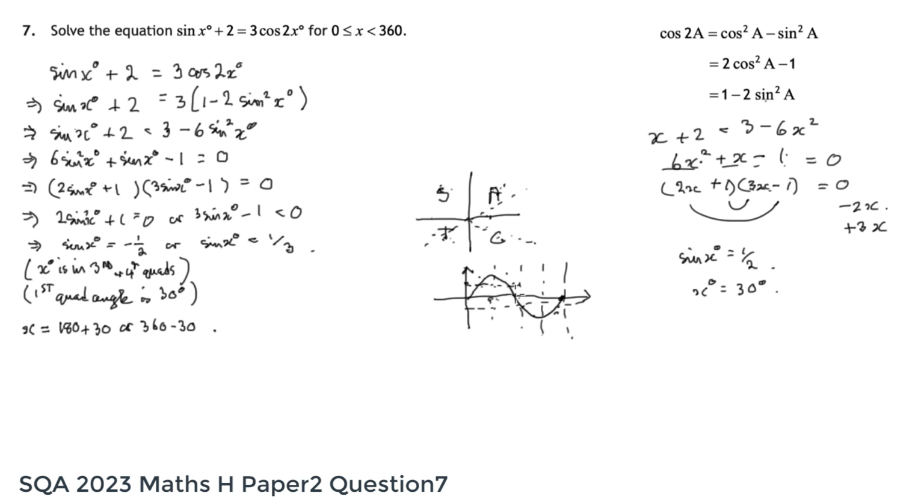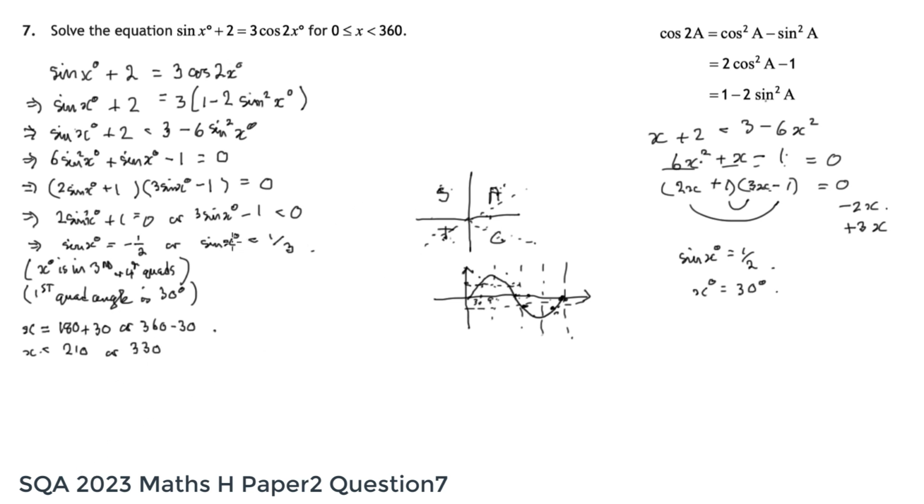So you'd go 180 plus whatever the first quadrant angle is, which would be 30 degrees there. 180 plus to get this value, and then 360 minus to get this value. So whichever way you do that, we end up with 210 or 330.